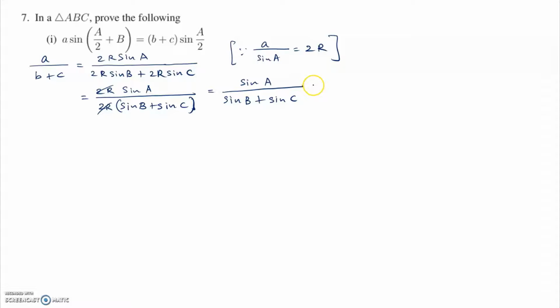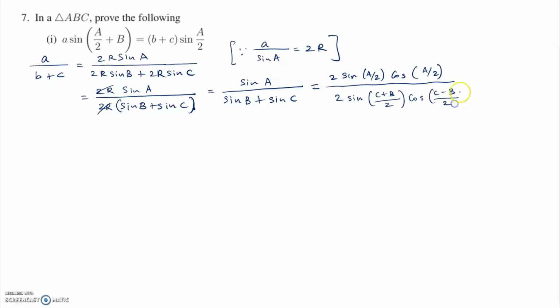Using the double angle formula, we can say sin A is nothing but 2 times sin (A/2) cos (A/2), and the denominator, sin B plus sin C, can be written as 2 times sin (C plus B)/2 into cos (C minus B)/2.